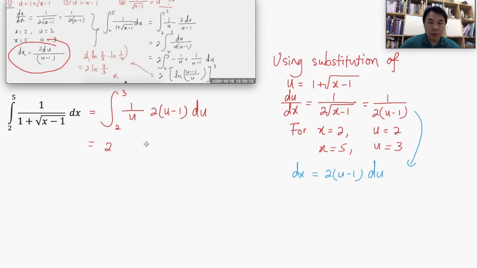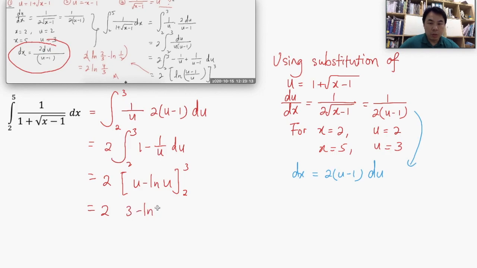In this case we have 2 times 1 minus 1 over u du. And then let's give it a try. In this case it will be u minus ln u. By substituting the lower and upper boundaries for u, we would be able to reach this conclusion.